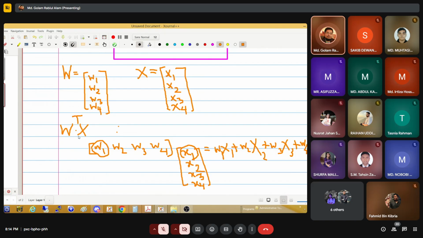So W transpose X is w1 x1, w2 x2, w3 x3, and w4 x4.